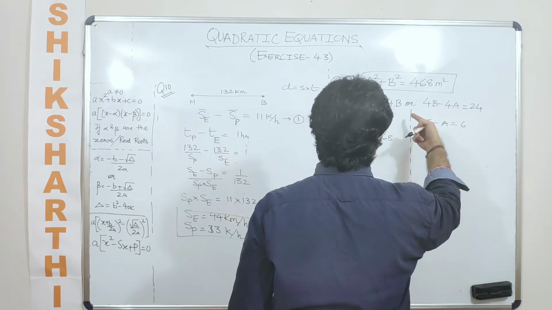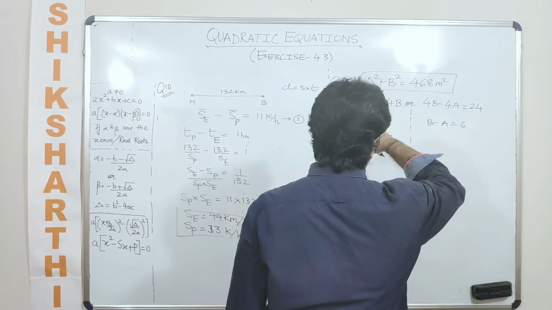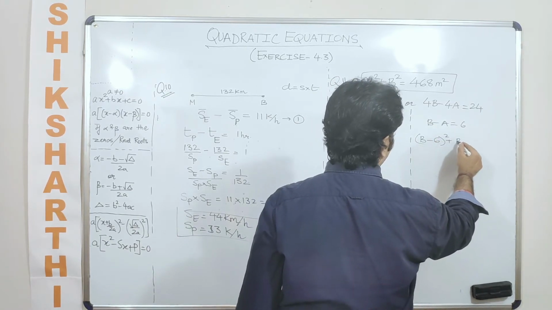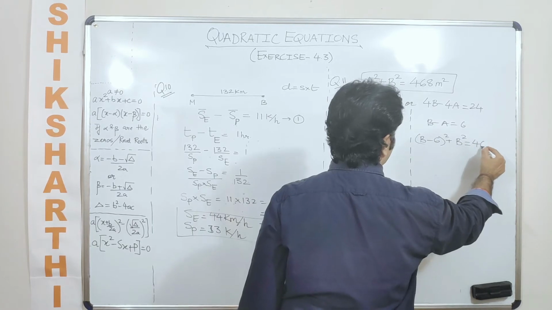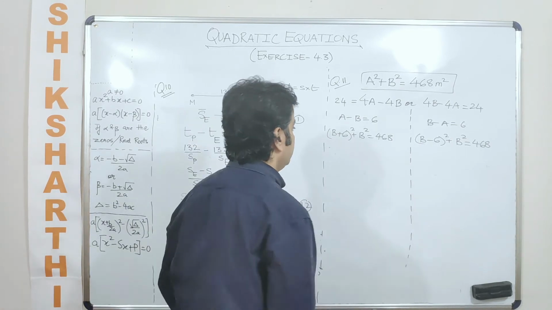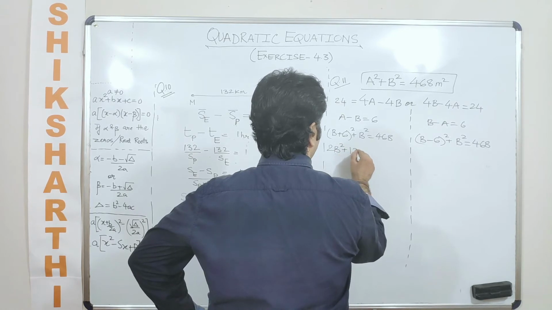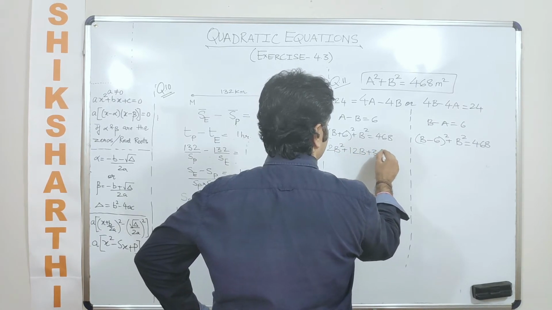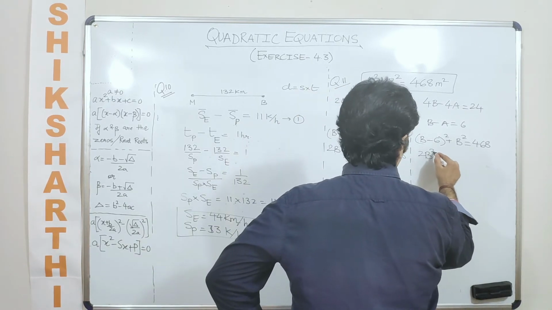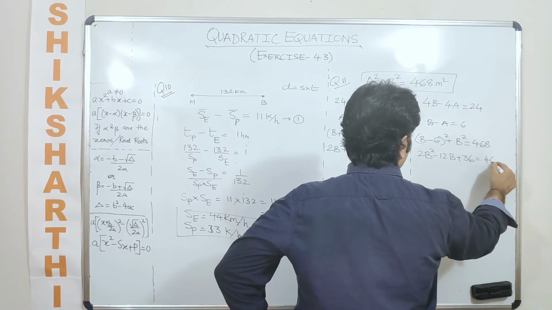And in the second case, if I take A on the other side, we can say that A is equal to B minus 6. So (B minus 6) square plus B square is equal to 468. Right? So when we solve this, we get 2B square plus 12B plus 36 is equal to 468, and on this side we get 2B square minus 12B plus 36 is equal to 468.